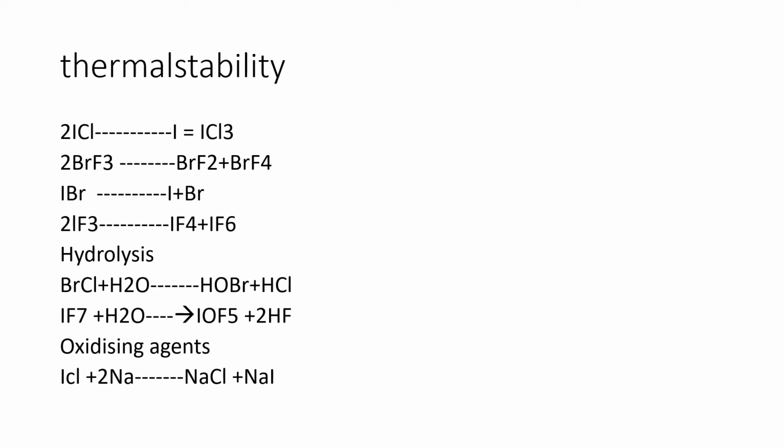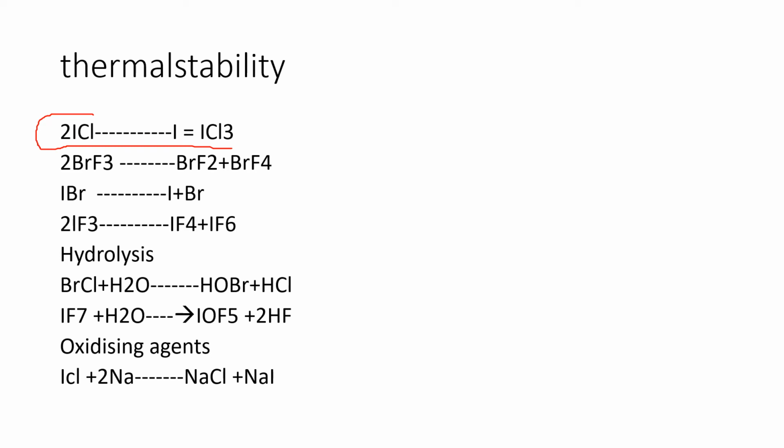For example, ICl gives I plus and Cl minus. In the same manner, they all undergo ionization and produce ions. So IBr gives I plus and Br minus, and so on.